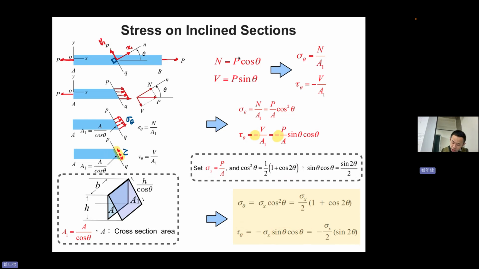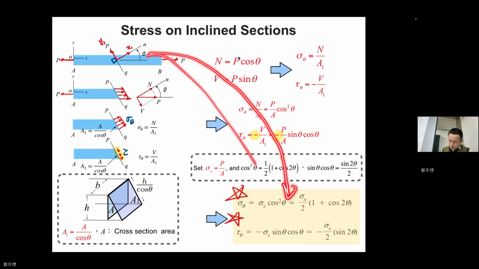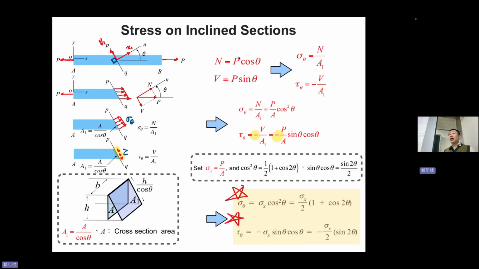I will say this is really important. So no matter how large the value, any value of theta, you just substitute this, and then you can have the component of the sigma x on that inclined section.